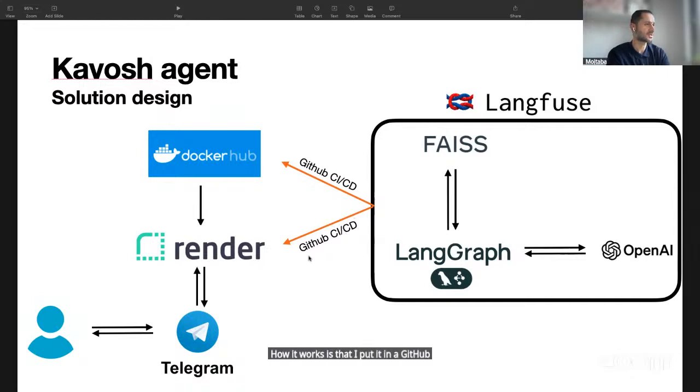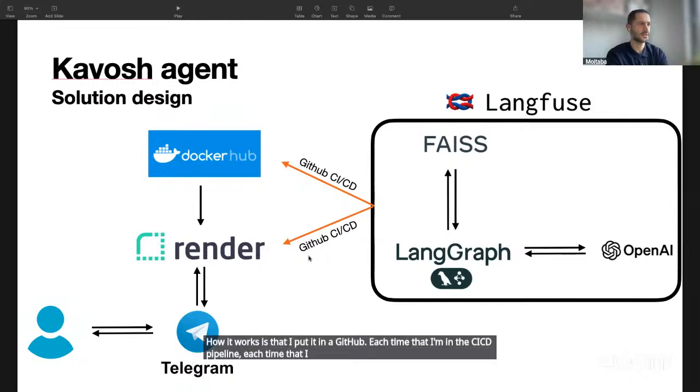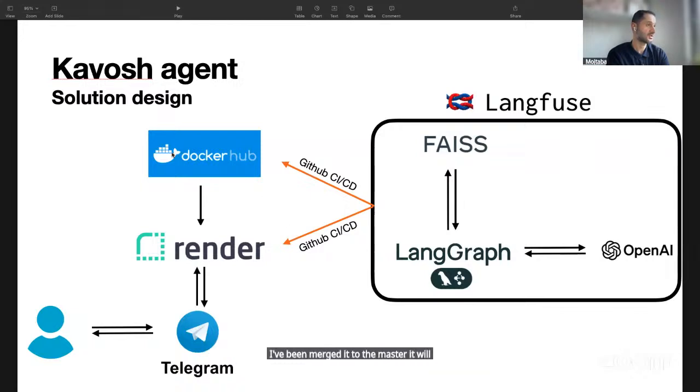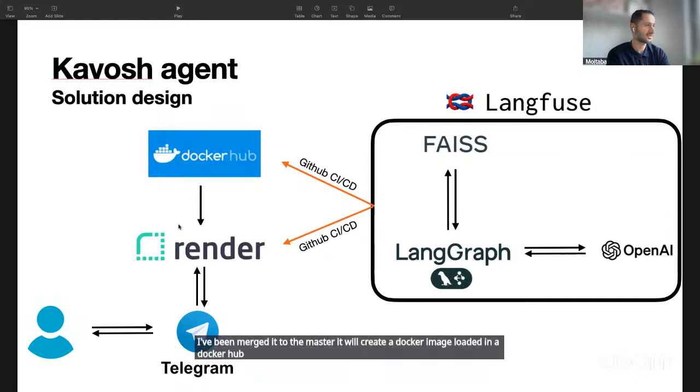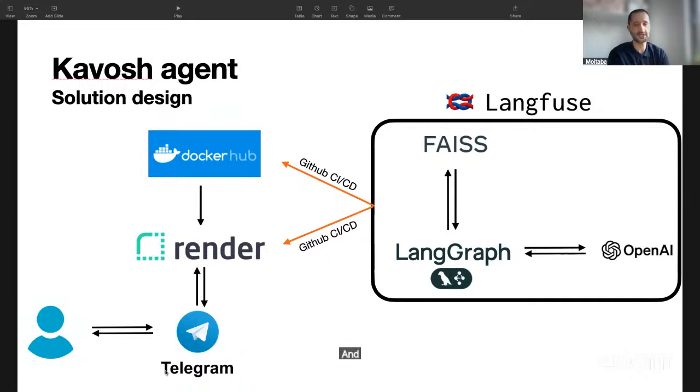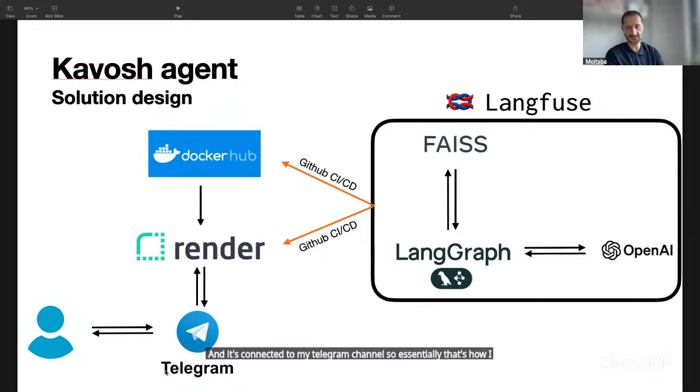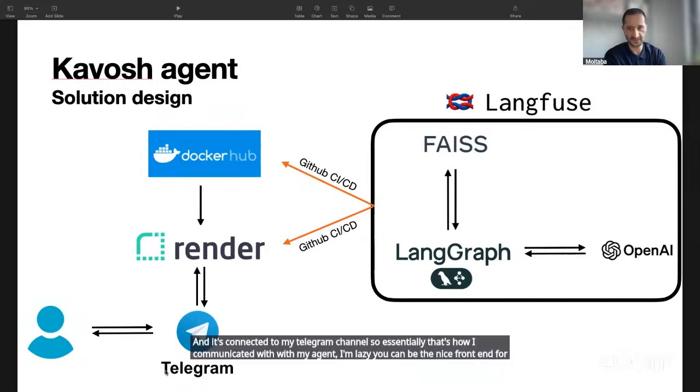Each time I create a new feature, I merge it to the master through a CI/CD pipeline. It creates a Docker image and loads it in Docker Hub. I host it on Render, a hosting provider, and it's connected to my Telegram channel. So essentially, that's how I communicate with my agent. I'm lazy. You can build a nice front end for yourself, but I'm basically using Telegram.